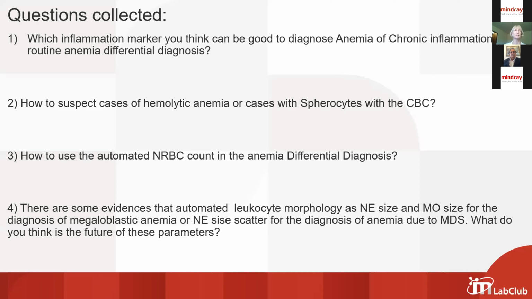And the other inflammatory markers, I'm blocking on the names of them, are not that specific or reliable. So it usually comes down to distinguishing whether the person is truly iron deficient or not.